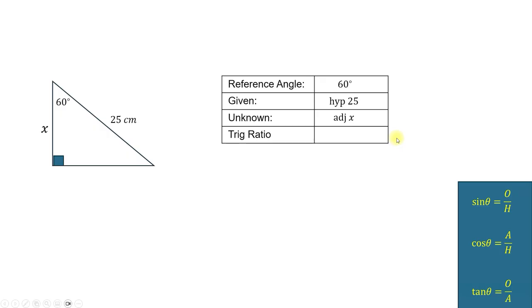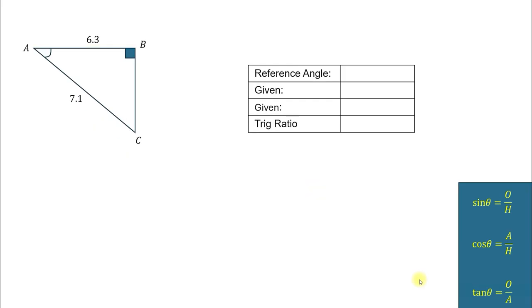So our trig ratio is going to be the cosine. So we can say that the cosine of 60 equals adjacent x over hypotenuse 25. Cross multiply, x equals 25 times the cosine of 60. X is 12.5.